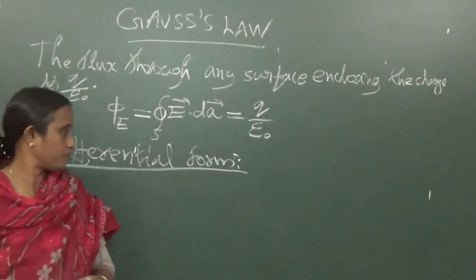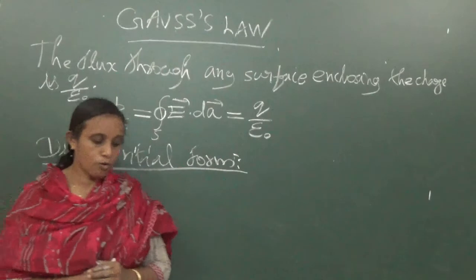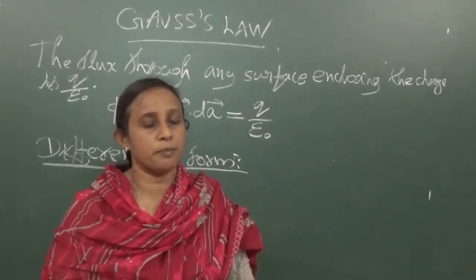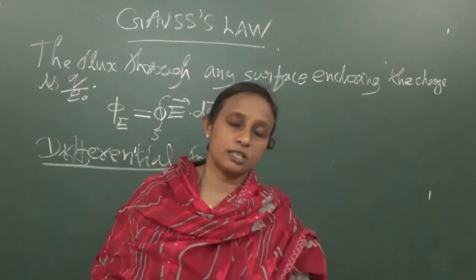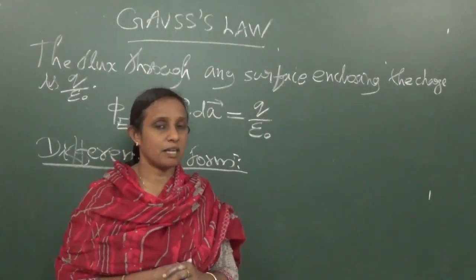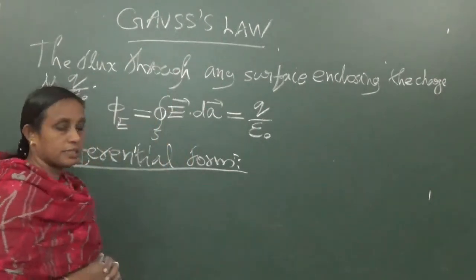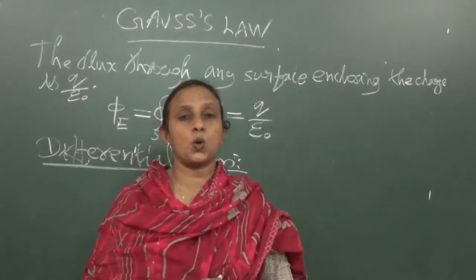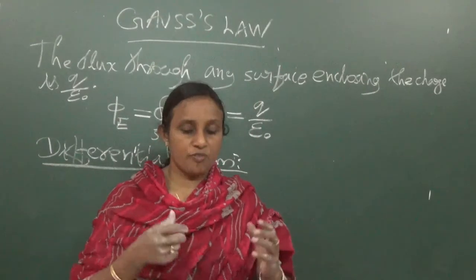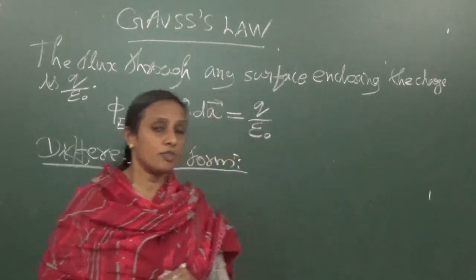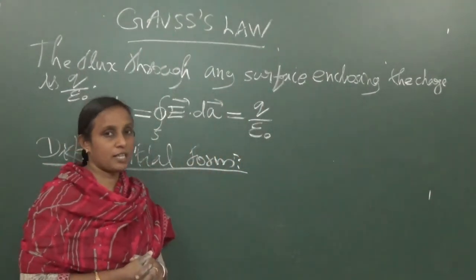In our first chapter, when we learned about mathematical tools, we learned about the Gauss divergence theorem. From there, the surface integral over any closed surface of a vector field can be replaced with the volume integral of the divergence of the vector field.